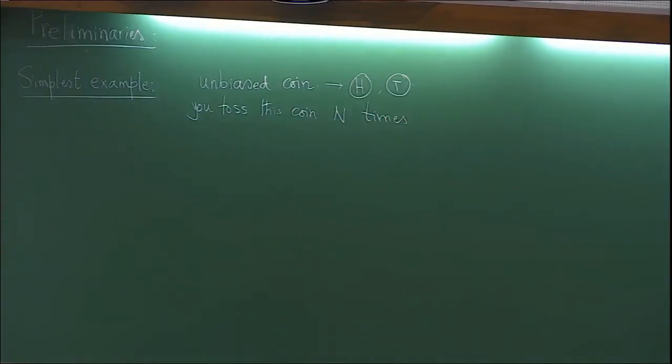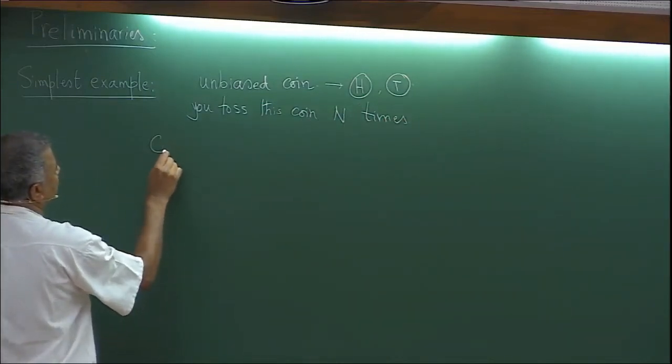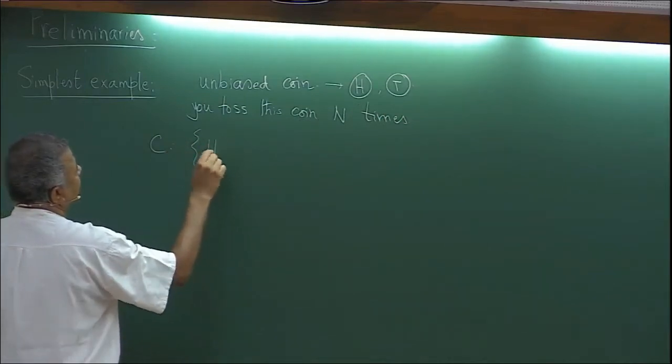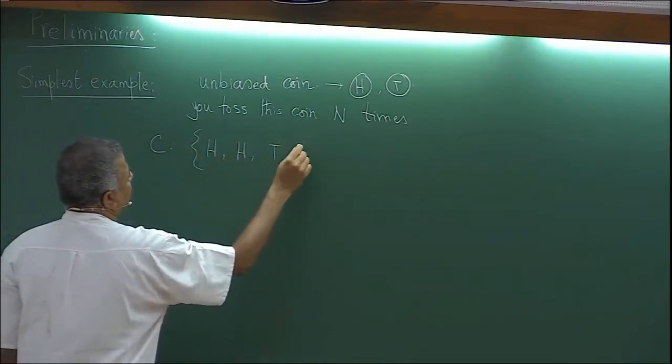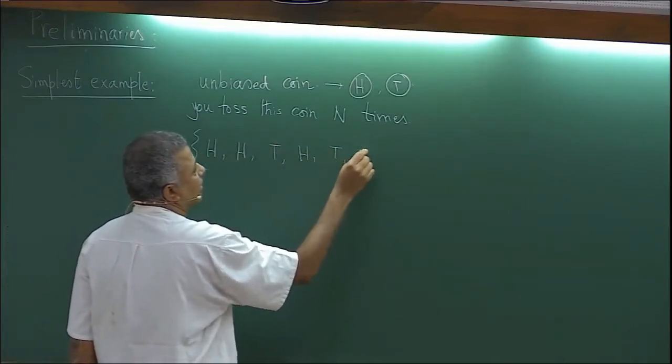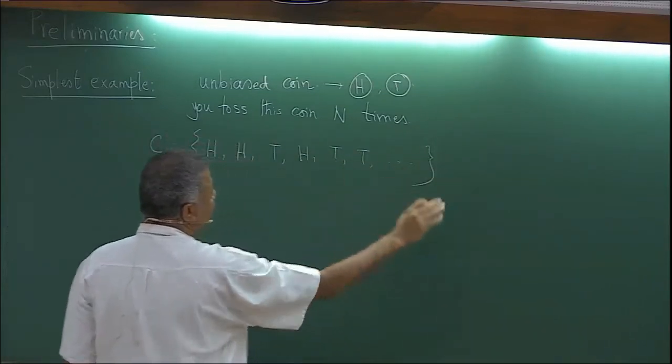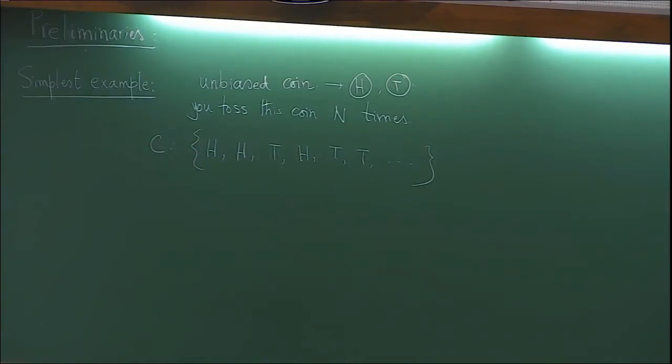A typical outcome, which I call a configuration, will be like, let's say, head, head, tail, head, tail, tail, etc. So I have n entries. This is a typical configuration.